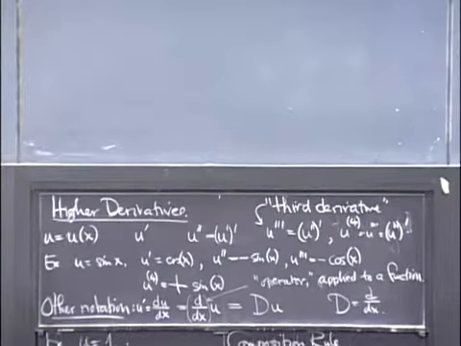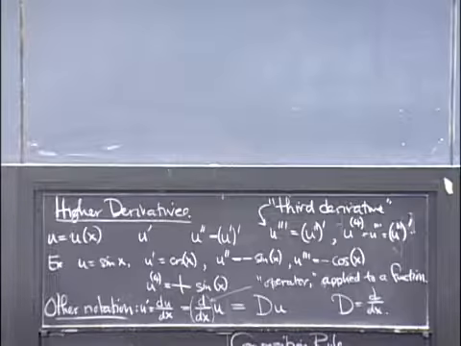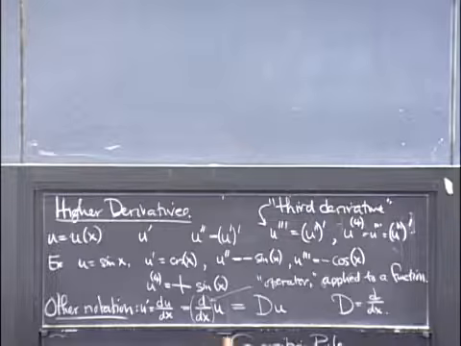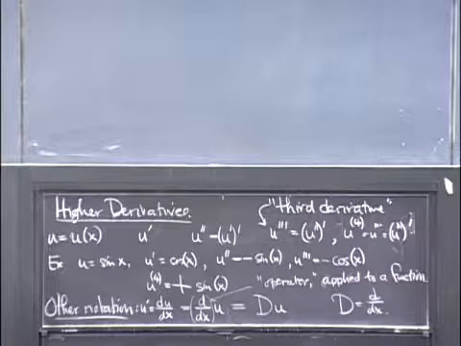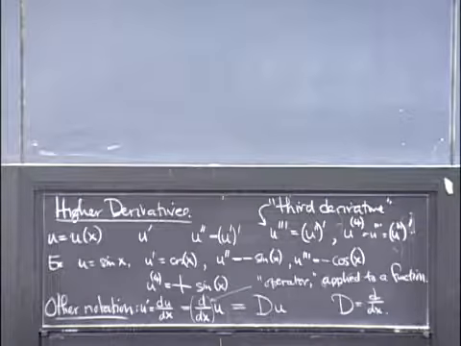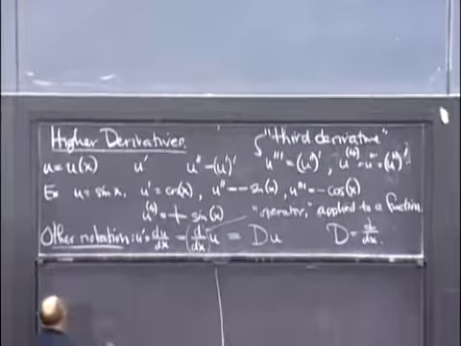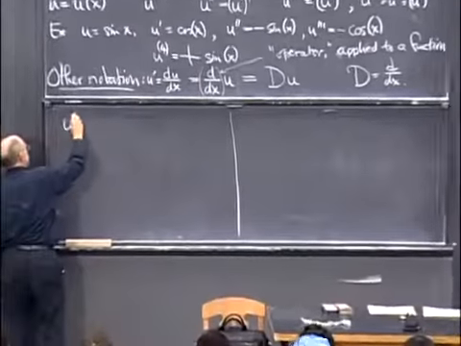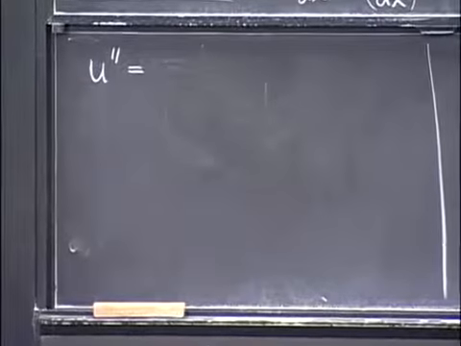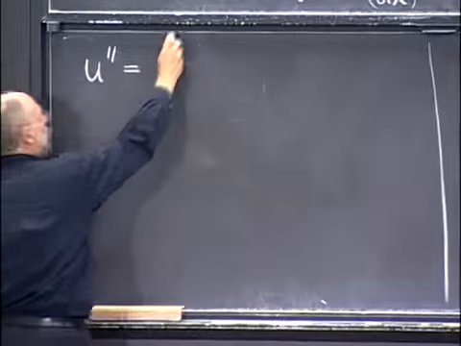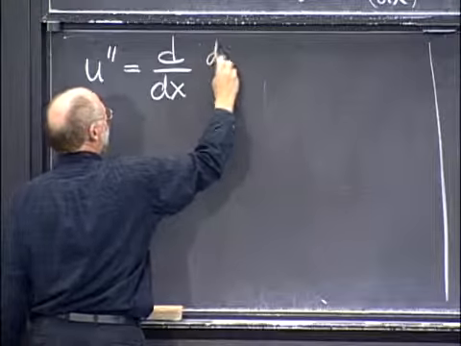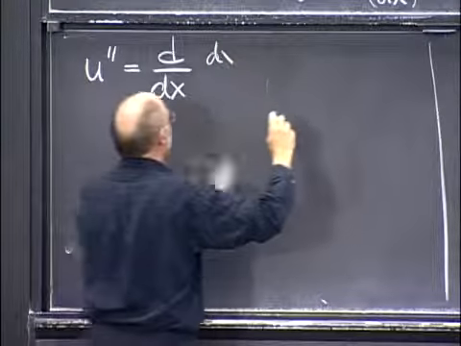So in terms of that notation, let's write down what higher derivatives look like. That's what u prime is. How about u prime prime? Let's write that in terms of the d dx notation. Well, I'm supposed to differentiate u prime, right? So that's d dx applied to the function du dx.